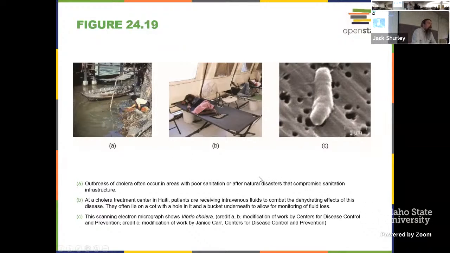Cholera likes kind of this brackish water. It likes a little bit of saline. So seeing it in coastal regions is potentially pretty common for that. Again, dependent upon circumstances. It's oftentimes seen after types of disasters.